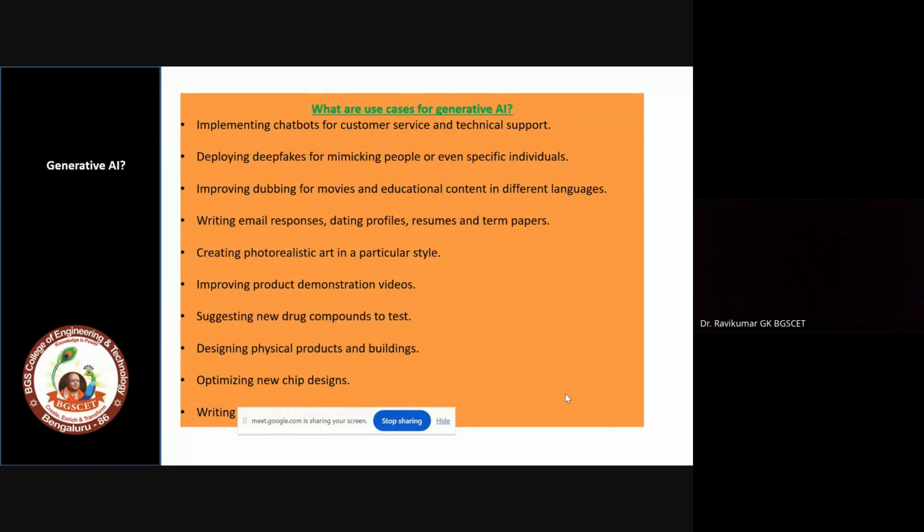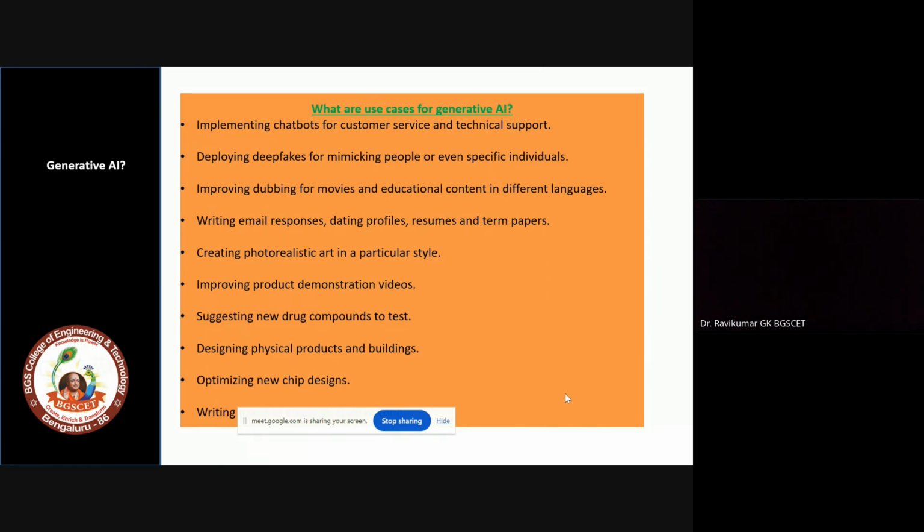For example, if the professor is good in Kannada, he may not be in other languages. Generative AI helps by dubbing the same thing and creating new content in the regional language, the one which is required, regional or any other language. You can localize using generative AI. This is also one of the best use cases for generative AI.